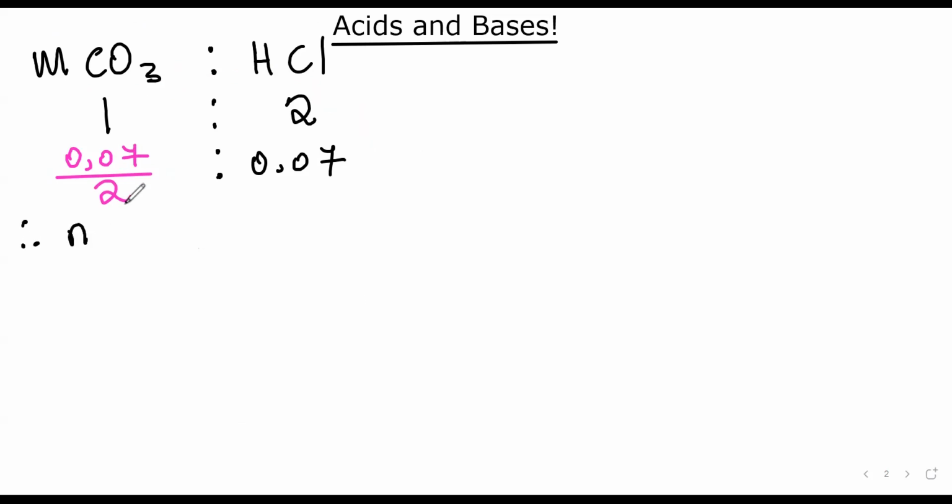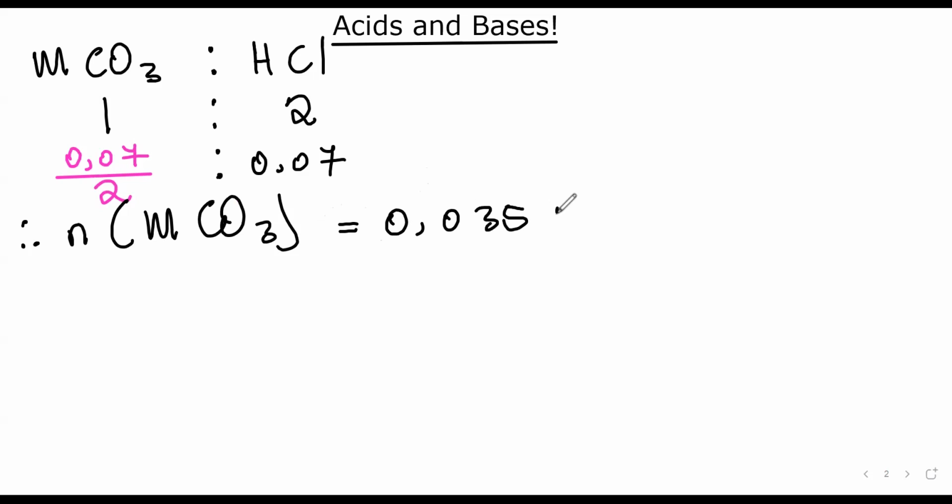So this means the number of moles of the metal carbonate is simply going to be 0.035 moles. Okay, fine. So now we know the number of moles for the metal carbonate.